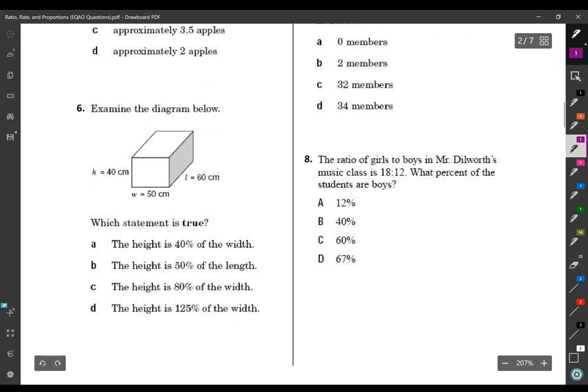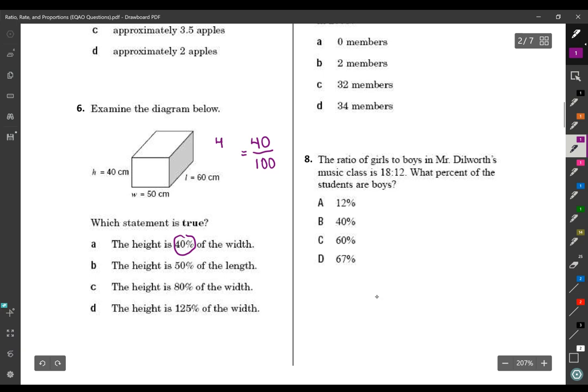Okay. Examine the diagram below. So here we have a rectangular prism. Which statement is true? The height is 40% of the width. Okay, so remember 40%, that is 40 over 100. Okay, so we're saying the height is 40% of the width.